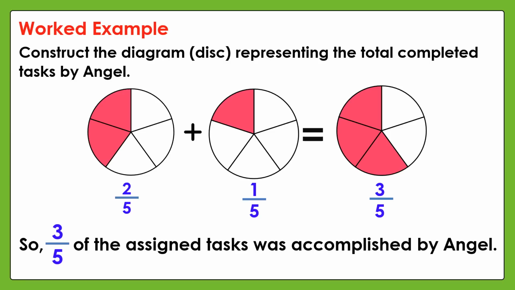Construct the diagram or disk representing the total completed task by Angel. 2/5 plus 1/5 is equal to 3/5. So, 3/5 of the assigned task was accomplished by Angel.